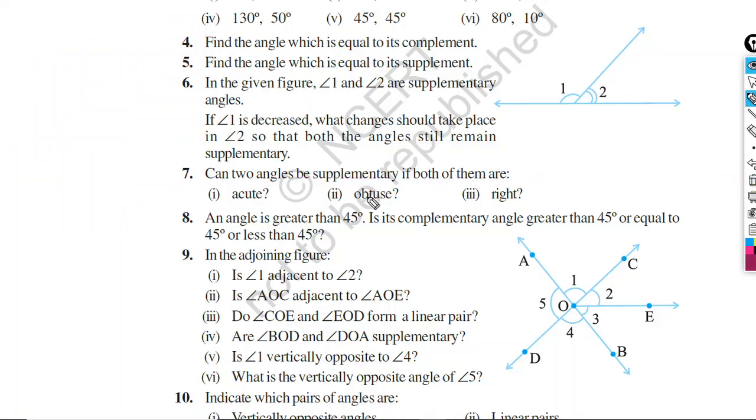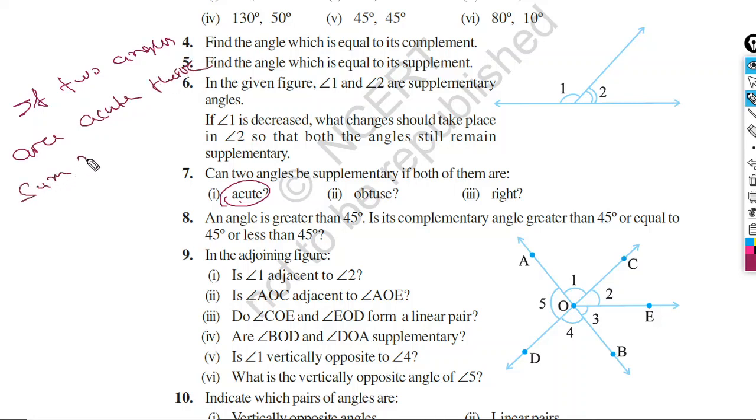So you can write, no, two angles cannot be supplementary if both are acute, because if two angles are acute, their sum must be less than 180 degrees.